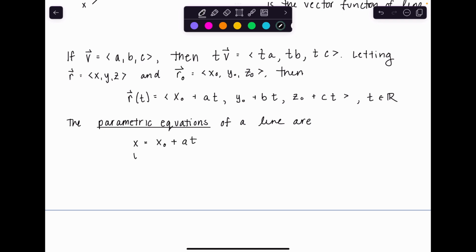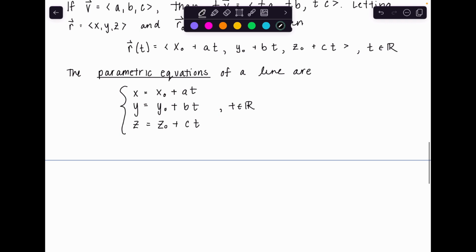The y-coordinate is given by y naught plus bt. And the z-coordinate is z naught plus ct. And then those three are grouped together, and the value of t is going to vary. Okay. Then also, in a similar manner, you have something called the symmetric equations.